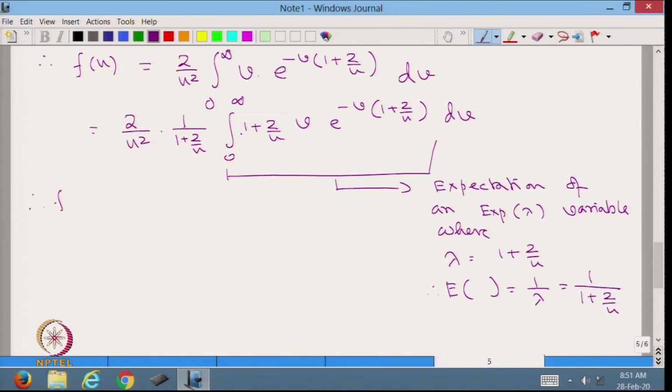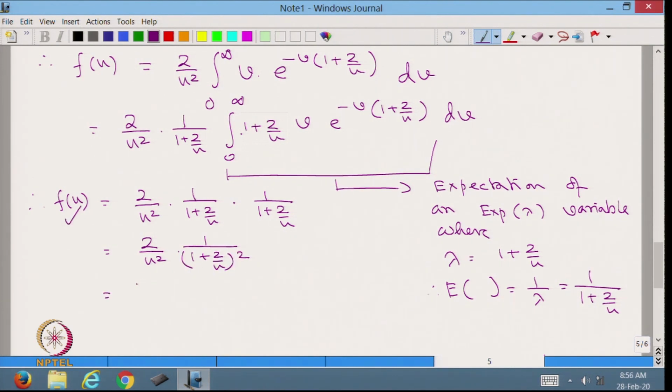Therefore, f u is equal to 2 upon u square into 1 plus 2 by u into 1 upon 1 plus 2 by u, is equal to 2 by u square into 1 upon 1 plus 2 by u whole square, which is equal to 2 upon u square multiplied by u square upon 2 plus u whole square, is equal to 2 upon 2 plus u whole square.